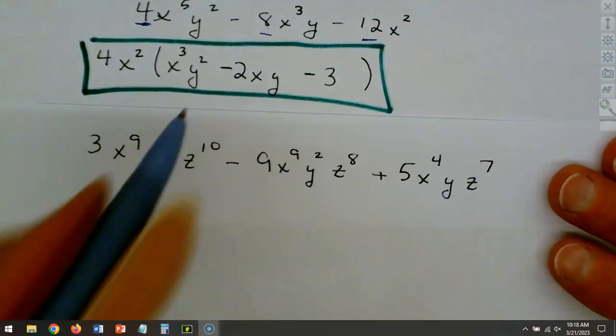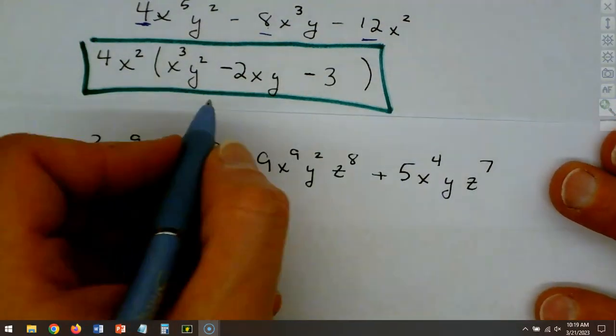So let's try to factor this one out. And again, we're going to take out the greatest common factor.